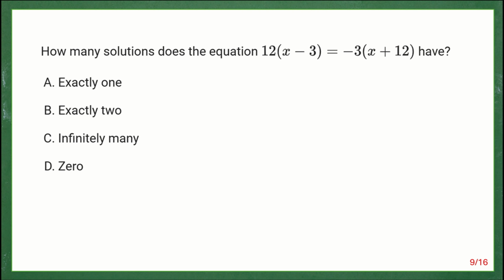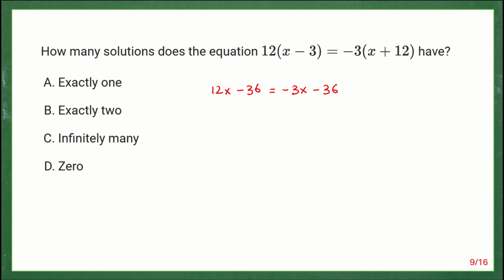Now let's look at problem number 9. So here we are given the equation and we have to figure out how many solutions exist for this equation. Now whenever we are given a problem like how many solutions, we have to look at the potential values of x that will satisfy this expression. So let's simplify the equation here. I have 12x minus 12 times 3, that will be 36, equals minus 3x minus 36 here.